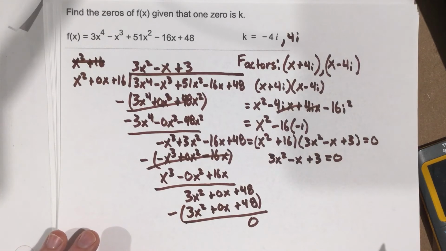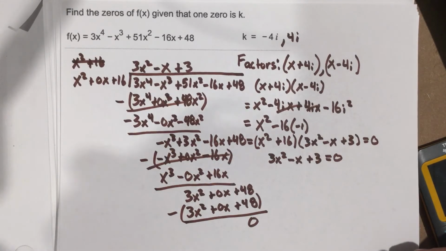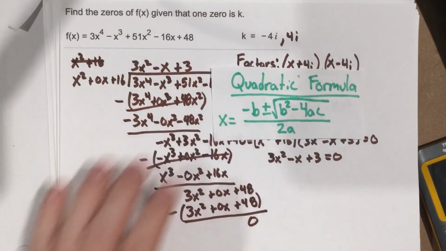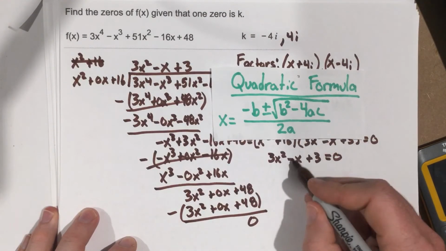I think the quadratic formula is the best idea here. So let's pull back out the quadratic formula. Remember the quadratic formula is negative b plus or minus the square root of b squared, all that good stuff. I found it, quadratic formula. So we've got negative b, so that's negative 1 for b.